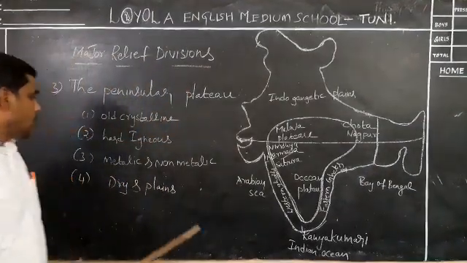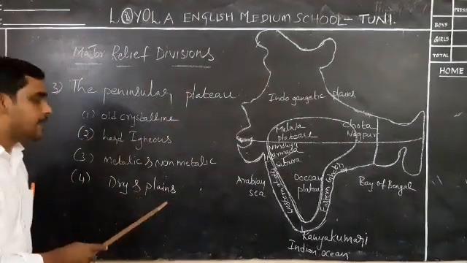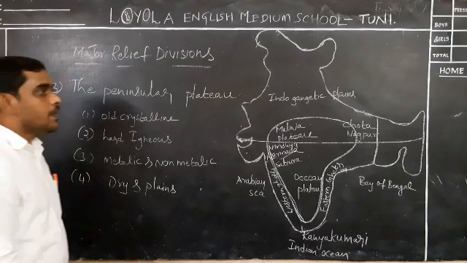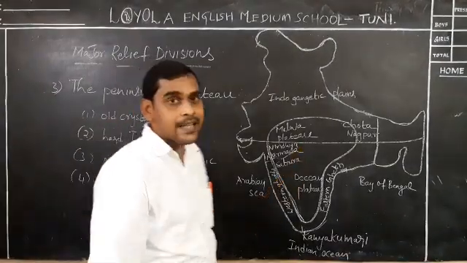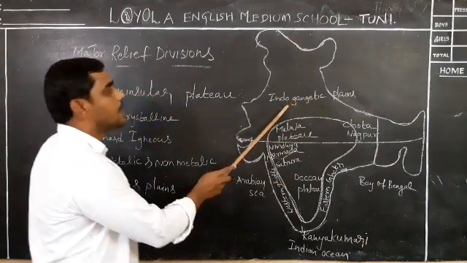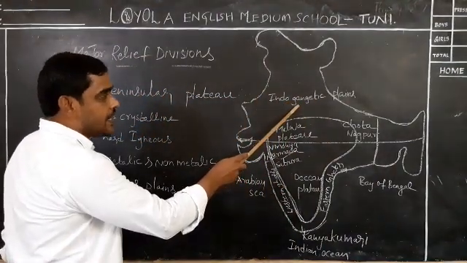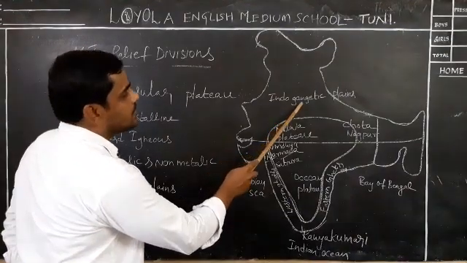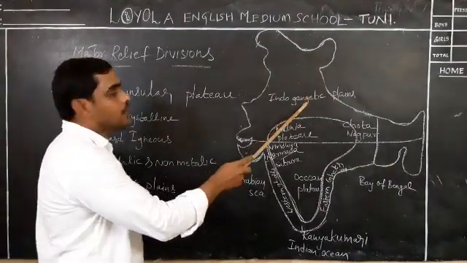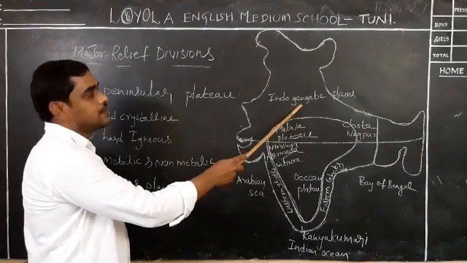Next, look at the words dry and plains. The plateau region is always dry compared with the plain region. The Indo-Gangetic Plains are not dry. Why?